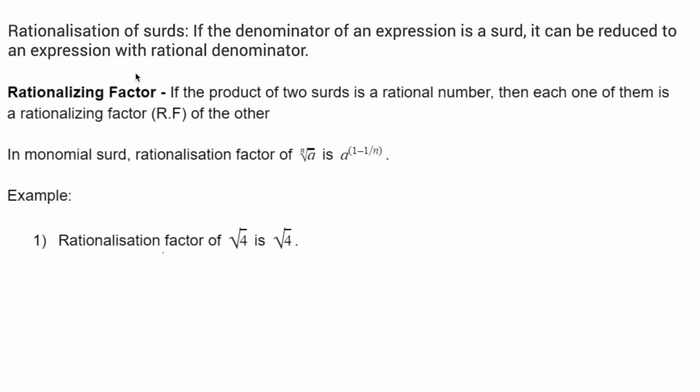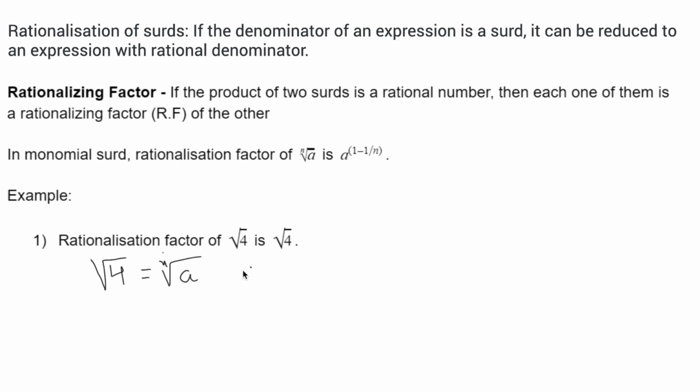In a monomial surd, the rationalization factor of under the root a to the power n is actually a to the power 1 minus 1 by n. As we can see in the example, the rationalization factor of under root 4 is under root 4. How did we arrive at this conclusion? Let's try to solve this. First, write under root 4 in the form of under the root a to the power n.